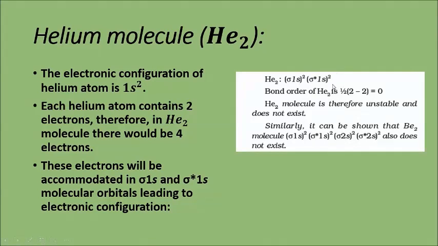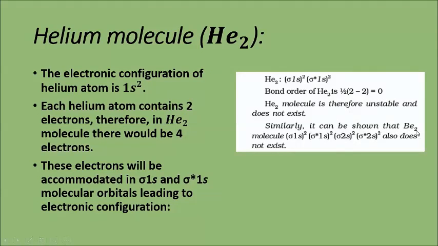After writing this configuration, we can get the bond order of the He2 molecule: 2 in the bonding minus 2 in the antibonding molecular orbital, divided by 2. You will get 0. That means this molecule is unstable and it does not exist.